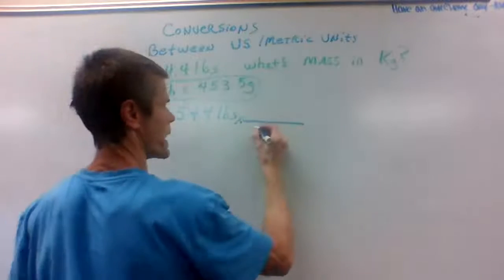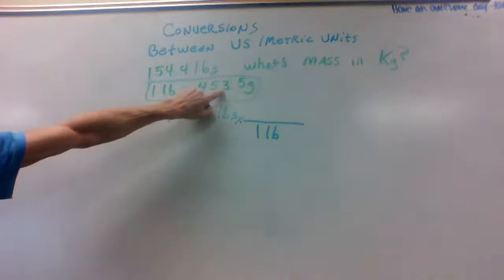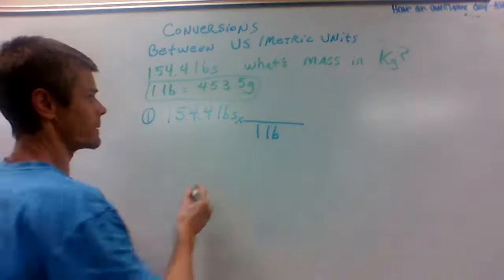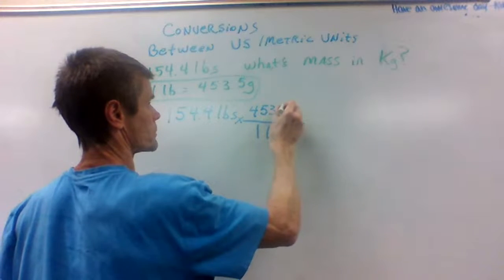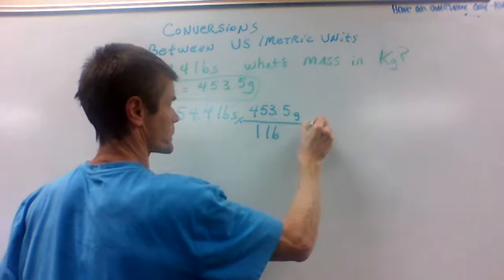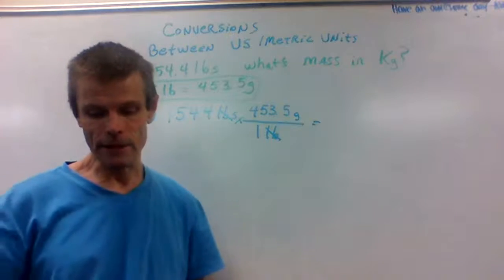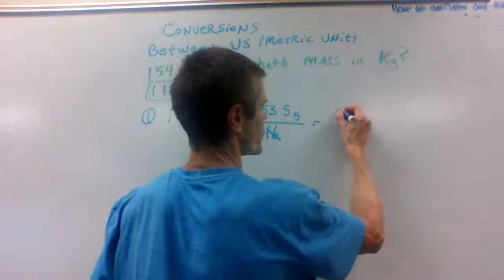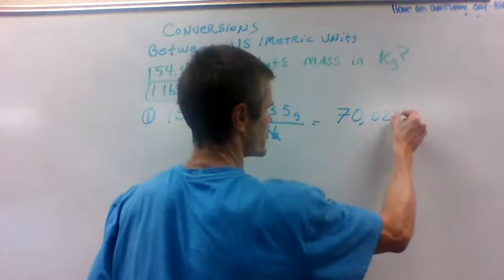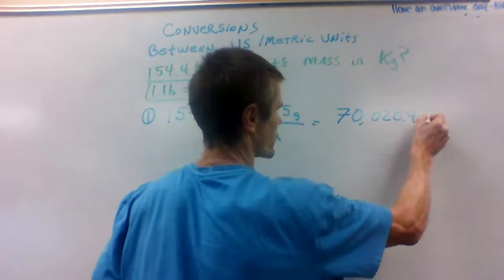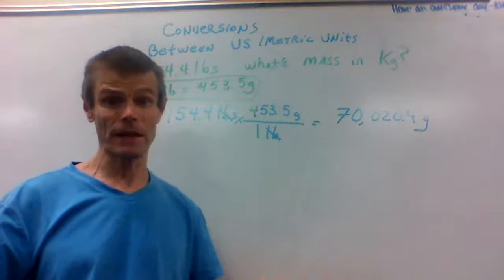In this case, it's pounds. And the unit that we desire in this first step, grams. Pounds cancel out. Our intermediate step gives us an answer that we don't round, 70,020.4 grams.